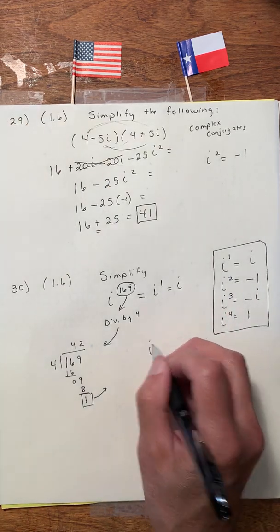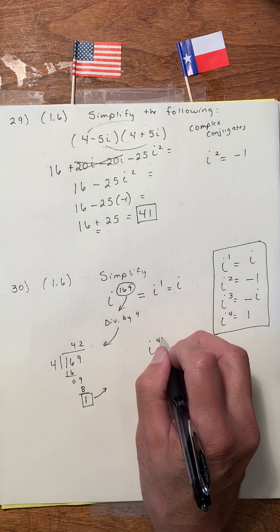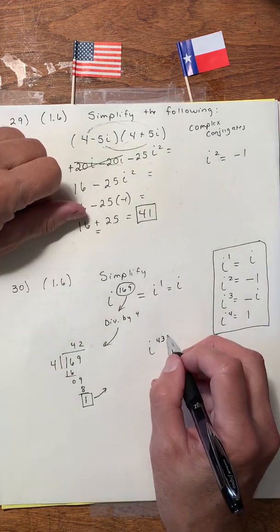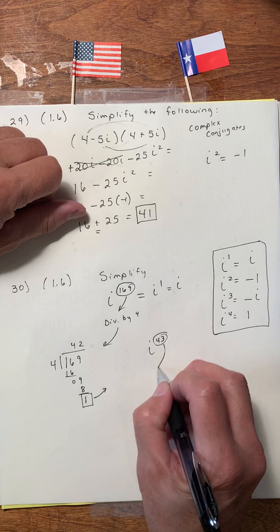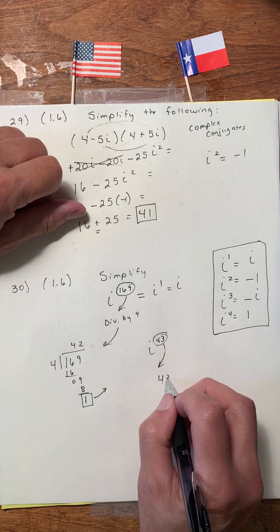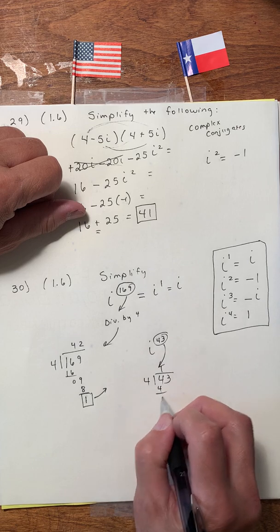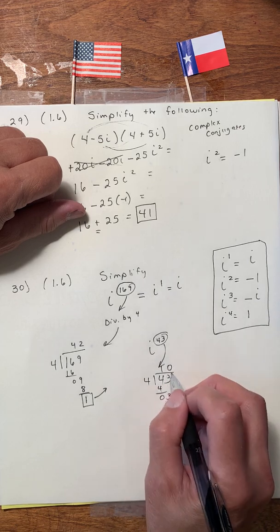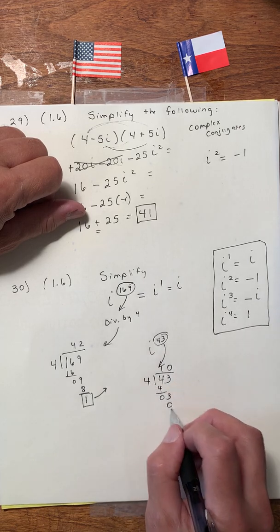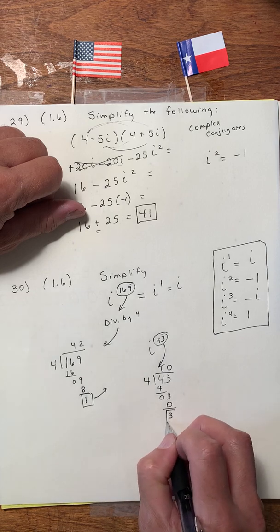What if I had i to the, let's see, 43rd power? Well, just divide this by 4. The remainder is 3.